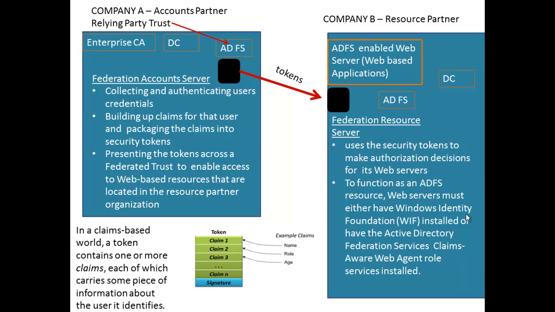So the user navigates to the partner company's website, the partner being Company B. The Company B website does not require that user to type in a password. Why? Because that user's credentials would have been passed to Company B using Active Directory Federation Services, so the user will now be logged into Company B and can interact with the website as a logged-in user.